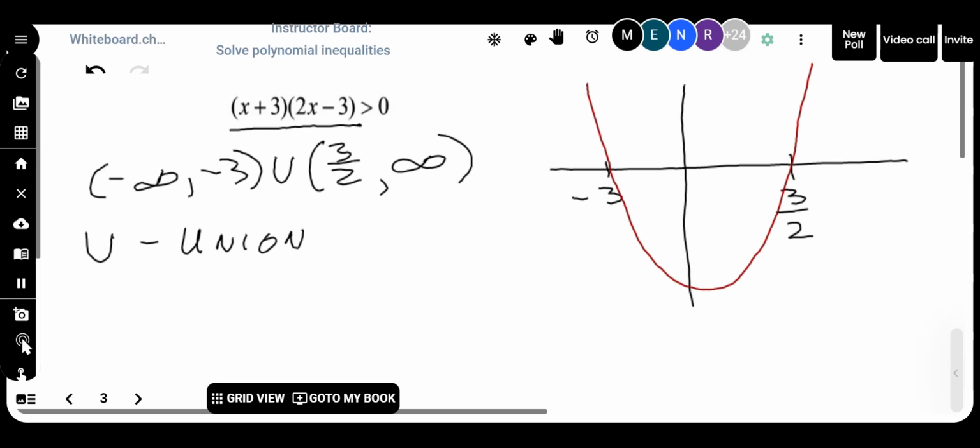It's this or this. Now, if you're going to write it with an inequality sign, be very careful, because you're not supposed to use the word and, you're supposed to use the word or. So I'm going to say that x is less than -3, or, not and, x is greater than 3/2.